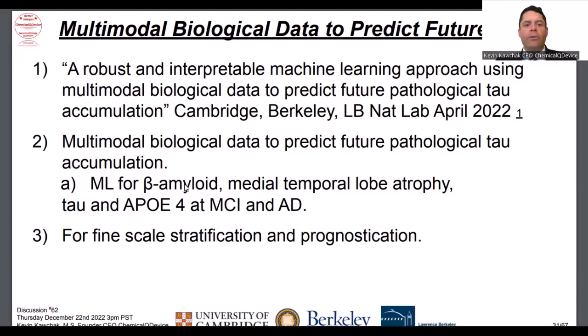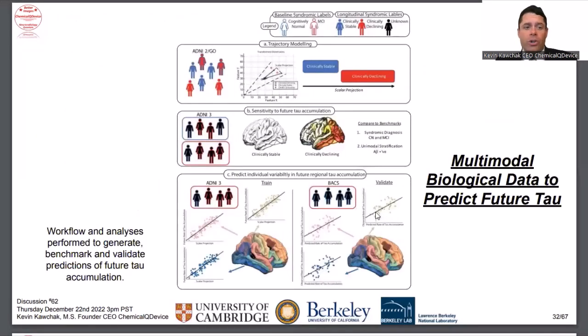So you have beta amyloid, medial temporal lobe atrophy, tau, ApoE, and at MCI, mild cognitive impairment, and AD. So ApoE is typically a genetic marker that, if somebody has that, that's a stronger indication that they may get Alzheimer's. And this is for finer scale stratification and prognostication, or prediction. So here's some of the things that they did.